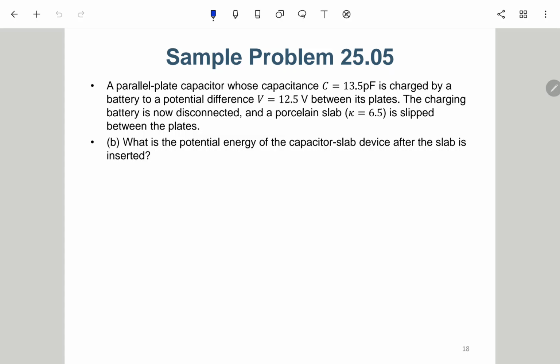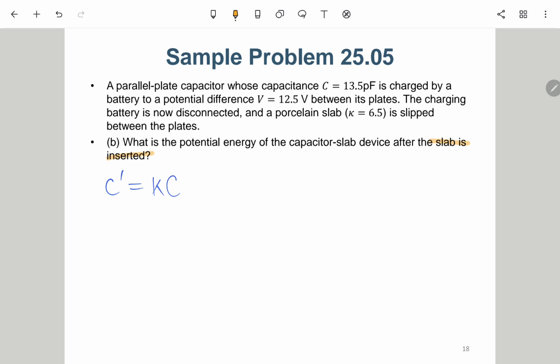Okay, so here next it asks you what is the potential energy of the capacitor slab device after the slab is inserted. 就是把这个电介质加进去之后它的 potential energy 有什么变化。Okay, so C prime becomes kappa times C. Okay. Why?